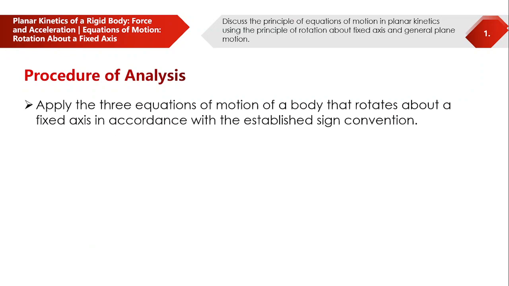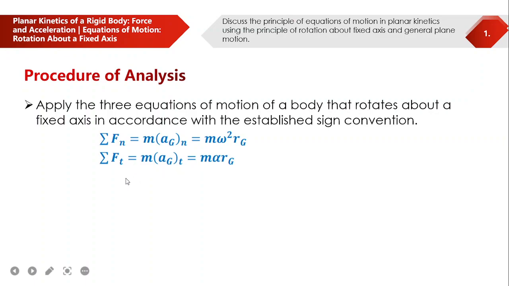Next, after applying the three equations of motion, you have the normal component, which is equal to m times angular velocity squared times r sub g. For the tangential component, we have m times alpha times r sub g. And for the moments at point G, it is equal to I sub G times alpha.